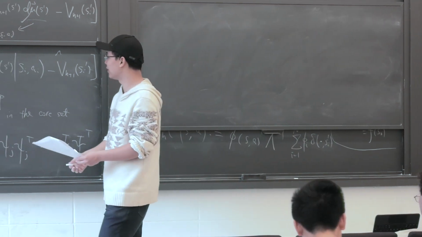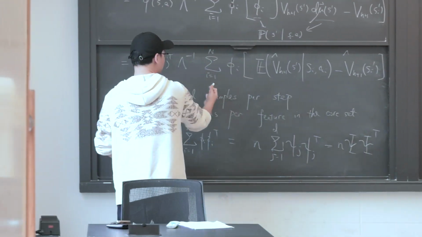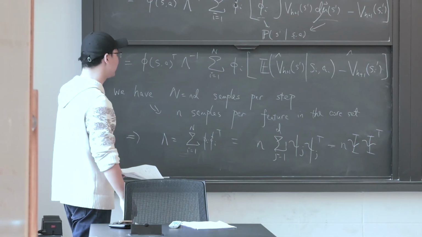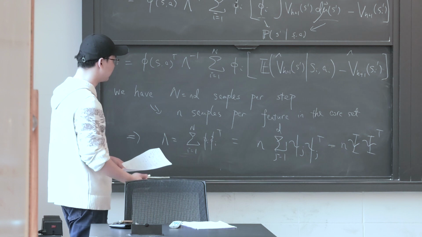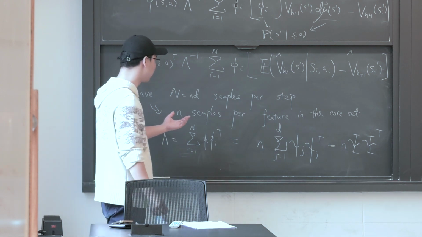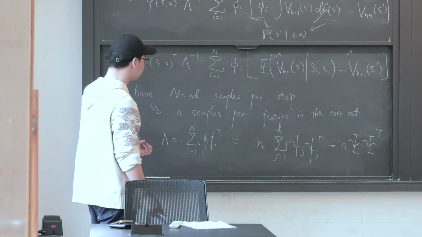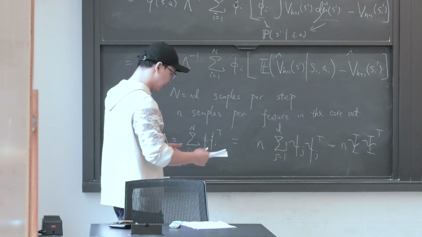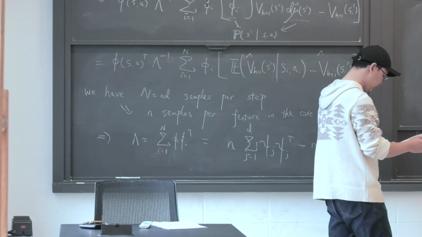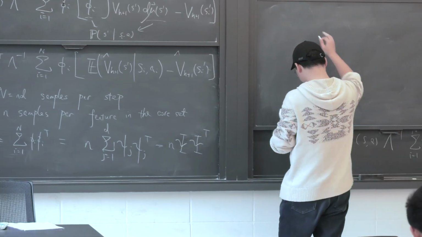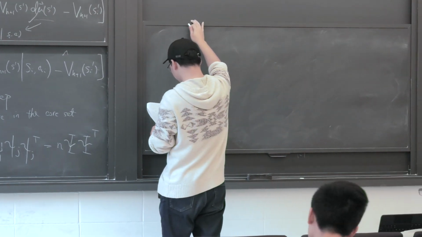In a similar manner, we can also further decompose this summation over all the data we collected for this step to be the summation over the number of features in the core set, and also over the different samples. Okay. So plug it in.